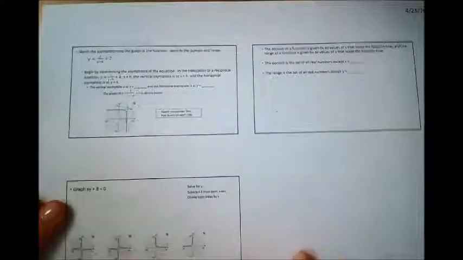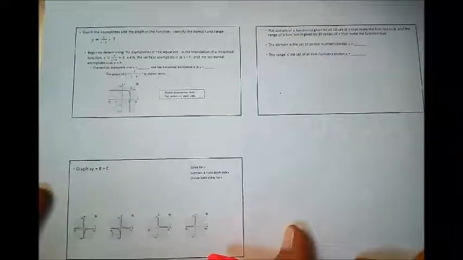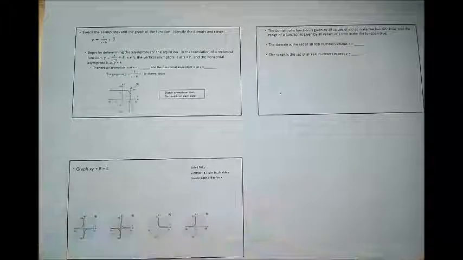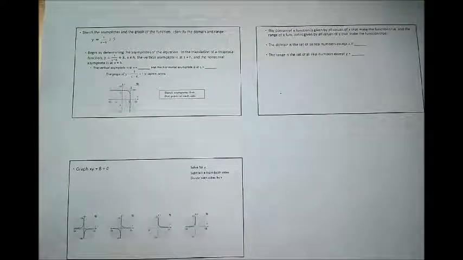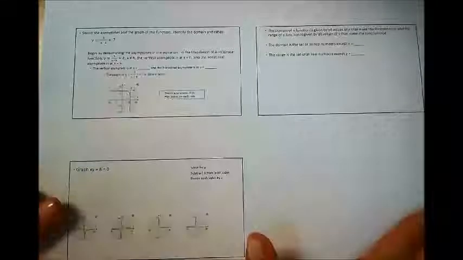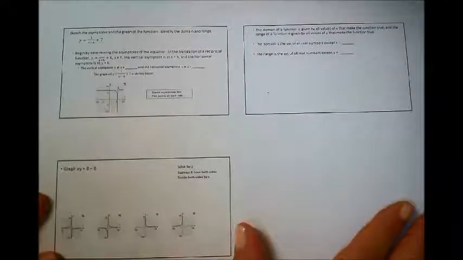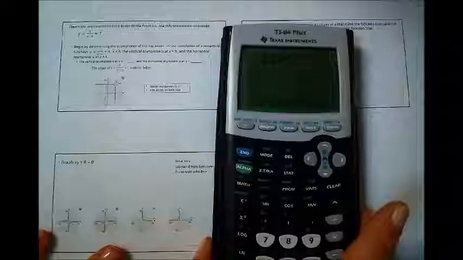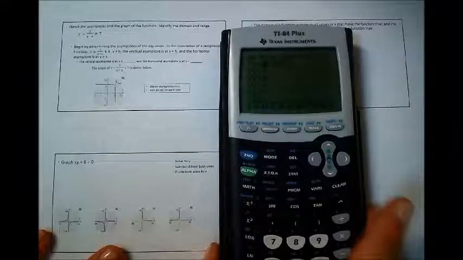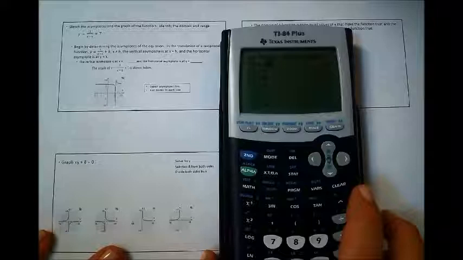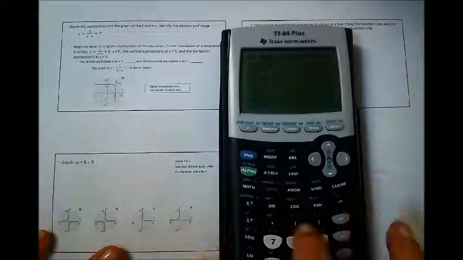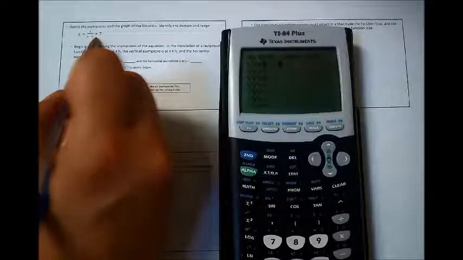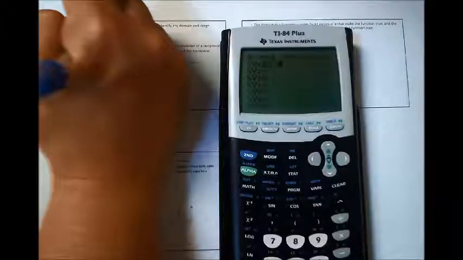Now, some of your problems will be just that easy. A few more of your problems will look like this one, where it says sketch the asymptote and the graph of the function. Identify the domain and range. So the first thing you're going to do is plug it into your calculator. So clear that out. And we're going to go 1 divided by, in this particular case, because all of this is on the bottom of the fraction, you need to enter it with parentheses.